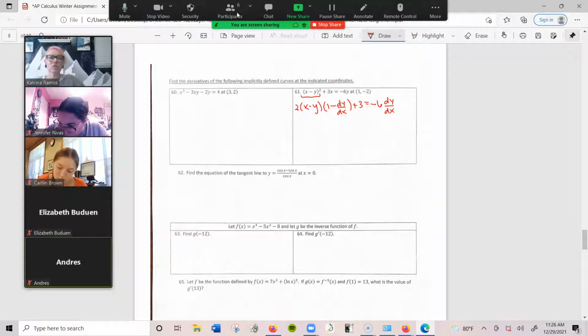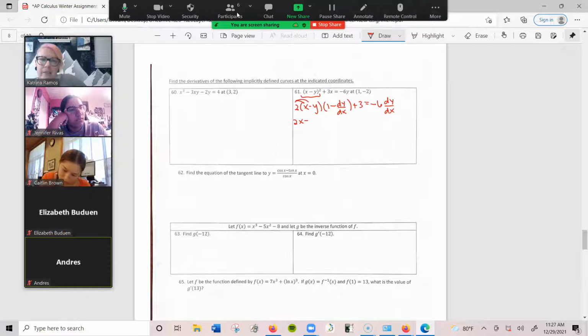Okay. Now here's the only thing about this question: we want to isolate the dy dx at all times whenever we're solving for implicit functions. And here we have this dy dx inside of a parentheses, so we've got to distribute all of this so that we can get the terms that have the dy dx and move them to the other side. Okay, so I'm going to distribute the 2 here.